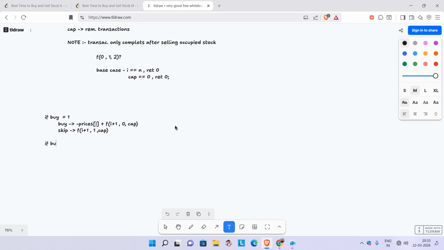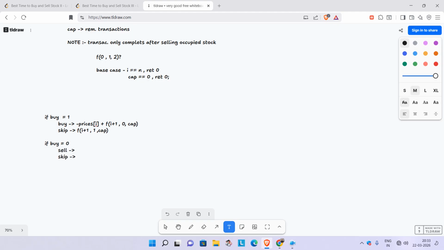If our buy is 0, we have another two options, either we can sell or we can skip. Only these two cases are possible.